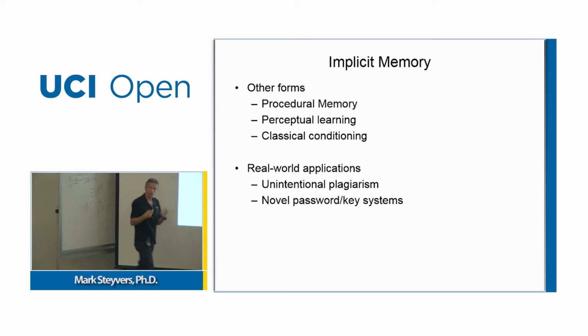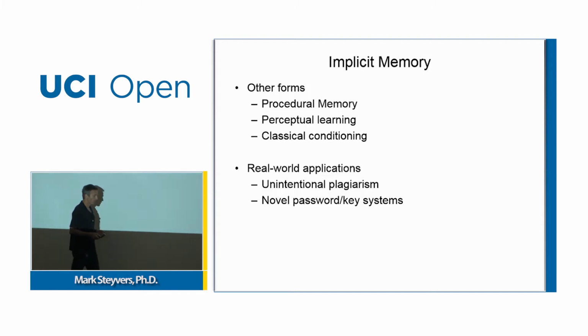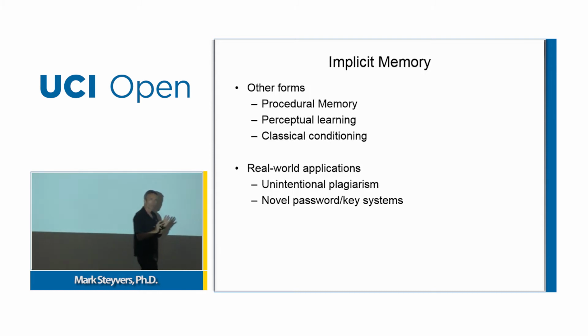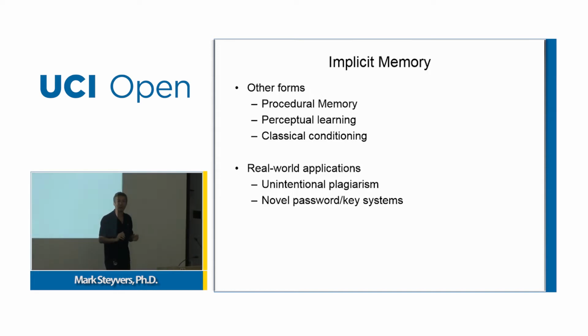So there are various forms of these implicit memories. We've talked mostly so far about priming effects. But there's also procedural memory, your memory for skills, how to ride a bike, how to drive a car, how to ski, etc. And those are difficult to verbalize.